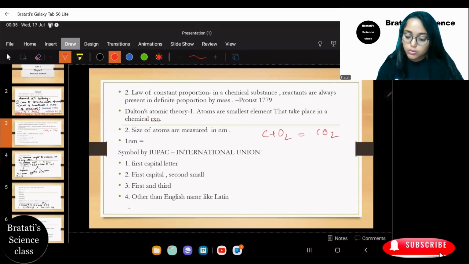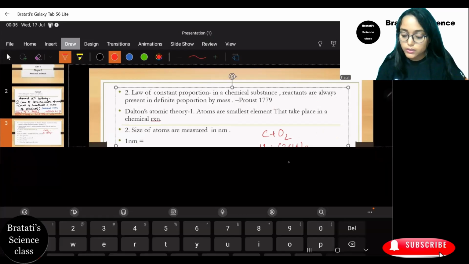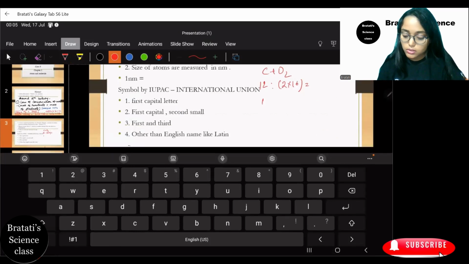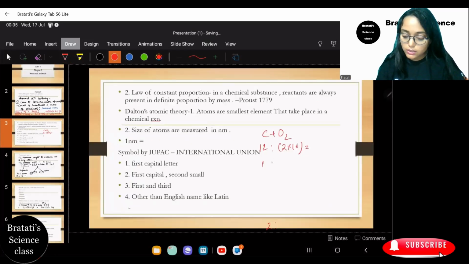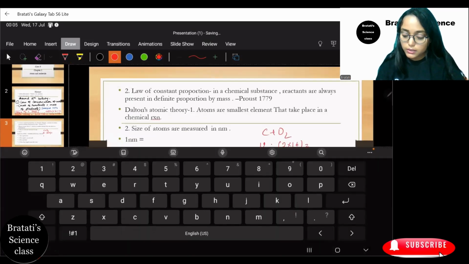C and O will always mix in the same ratio. The carbon and the oxygen are in this ratio. What is the ratio? 12 is to 32.